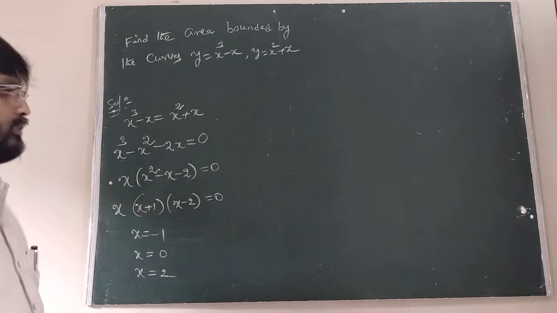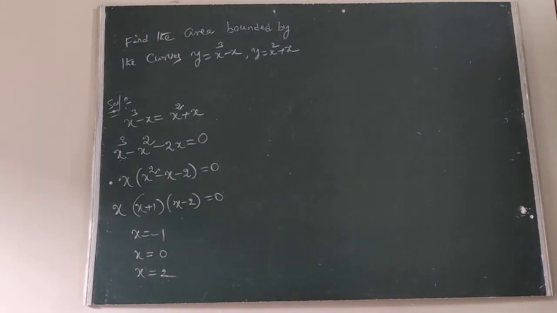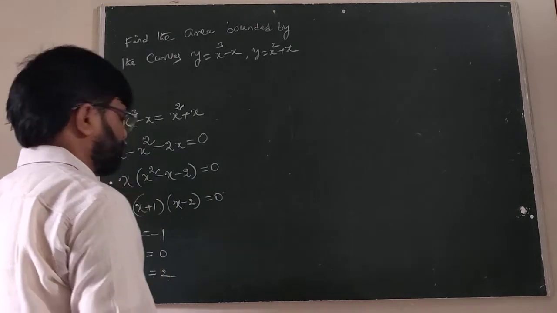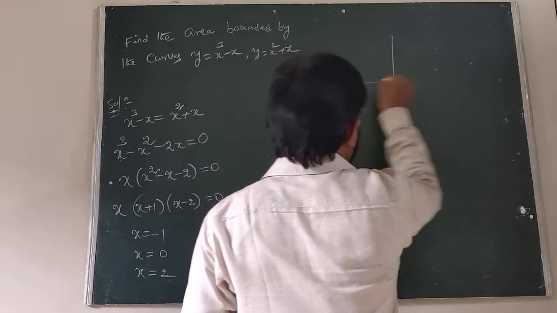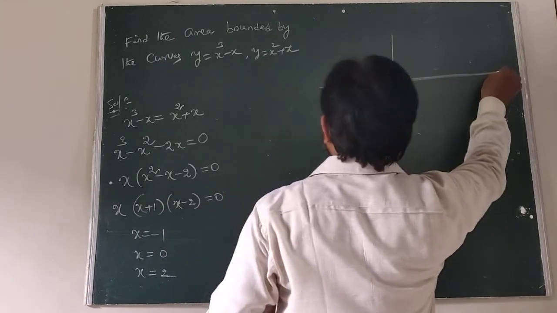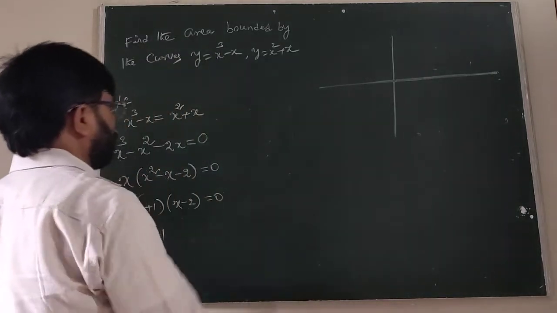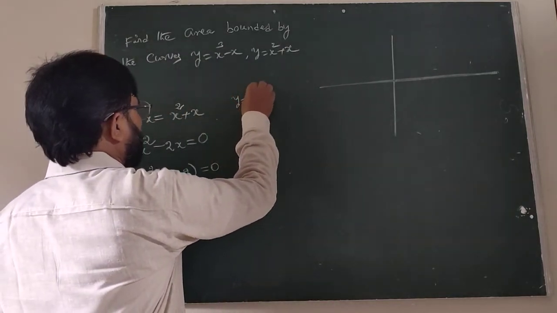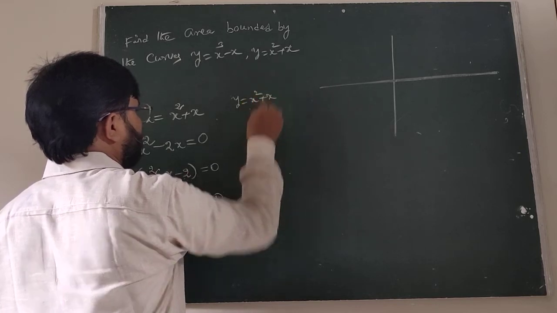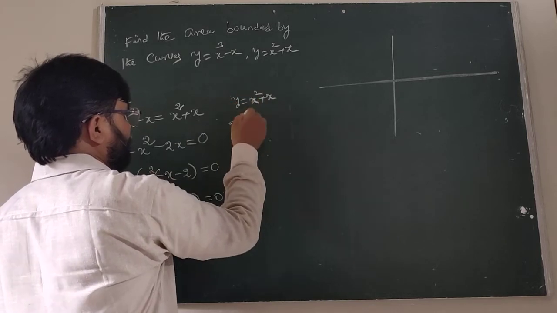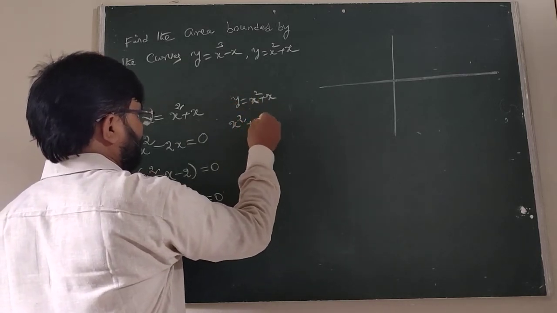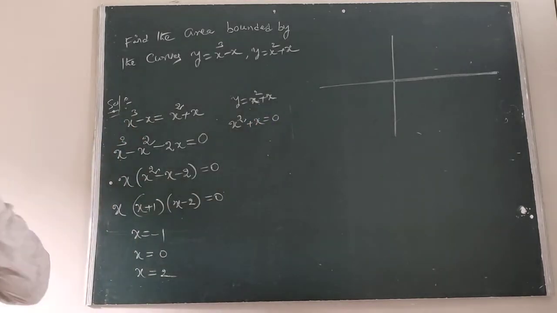Okay students, first we draw the graph of y equal to x square plus x. When we take y equal to 0 on the x-axis, x square plus x equal to 0.